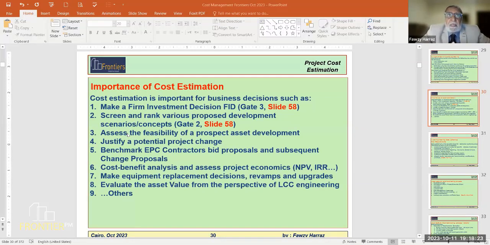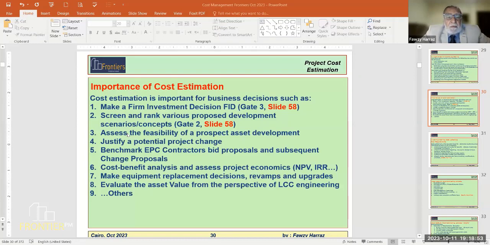We should always take care of ourselves by ensuring that, over the market's ups and downs, we have a chance to work in this type of project, in this role, in this body, whether this is the owner or the consultant or the contractor. So this is the importance of cost estimation.